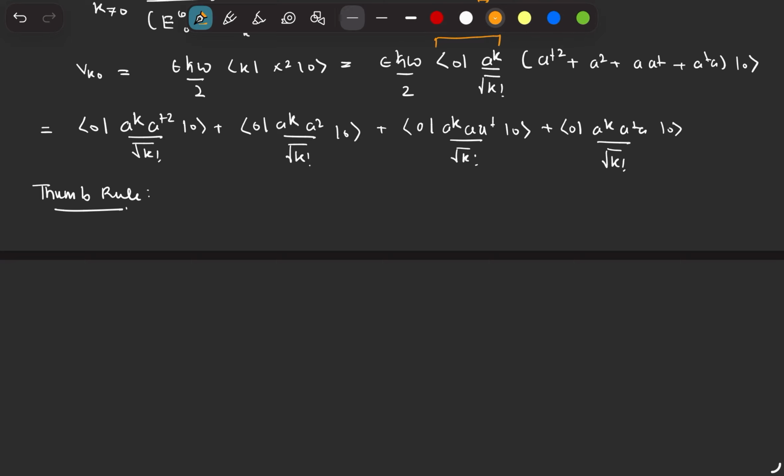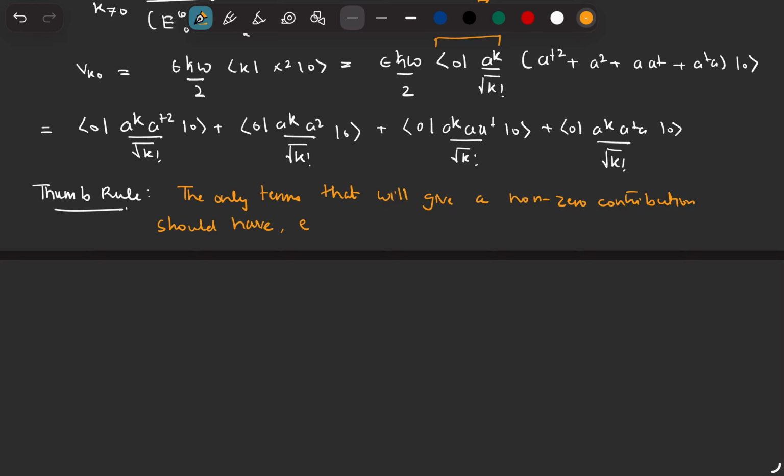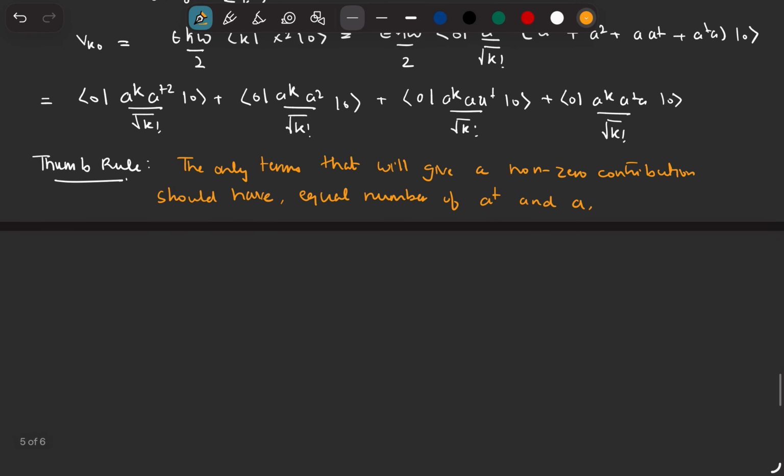So the thumb rule is the only terms that will give a non-zero contribution should have an equal number of a dagger and a.